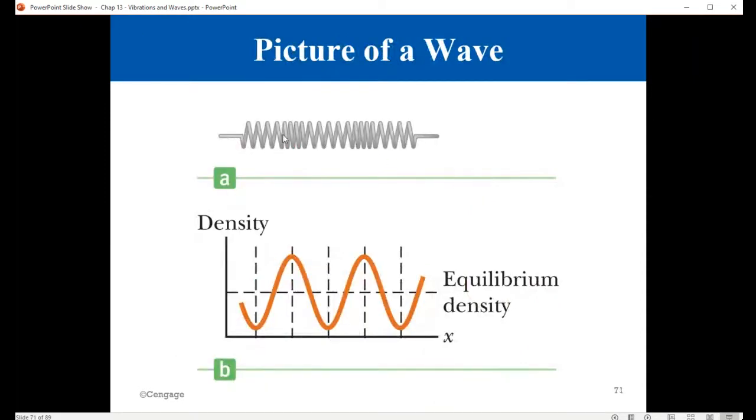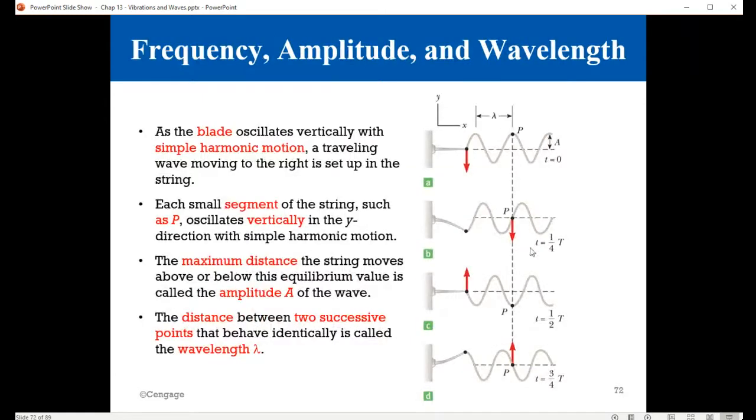In this case, the disturbance is horizontal and the direction of propagation is horizontal. So for longitudinal waves, they will be parallel, while for transverse waves, the direction of disturbance will be going up and down, while the travel direction on the rope or string will be horizontal.